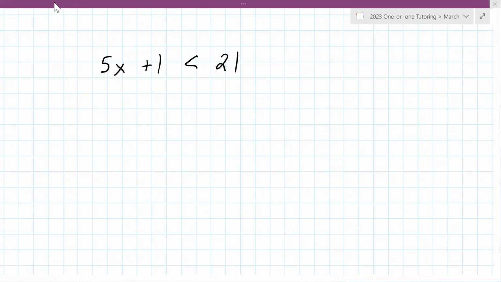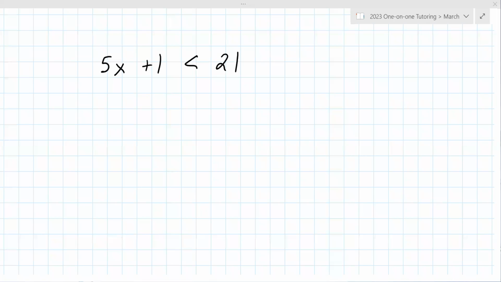Go ahead and work this out, please. So -1, -1. So that's 5x is less than 20. Good. Then we need to solve for x. So how do you undo that 5 that's in front of x?